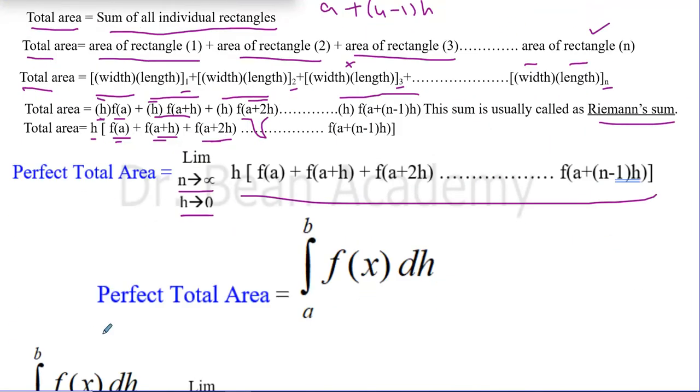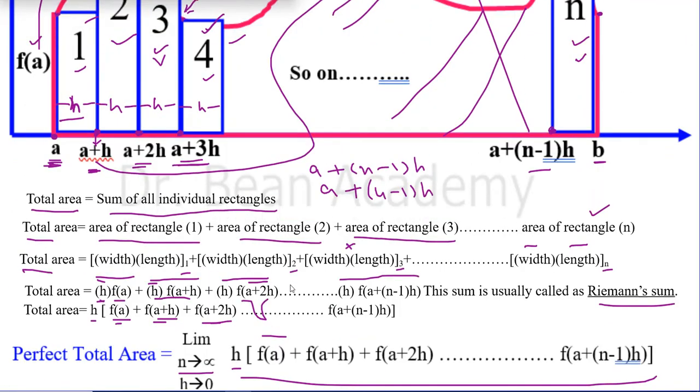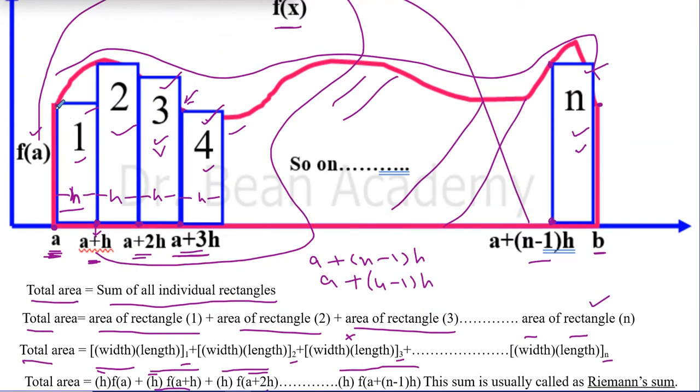So that total perfect area is actually the integration, in which you have this function f of x, and this is the width of the rectangles, dx, showing a partial width, and a and b is the limitation, the initial and final point, because you want to calculate a definite area below this curve.